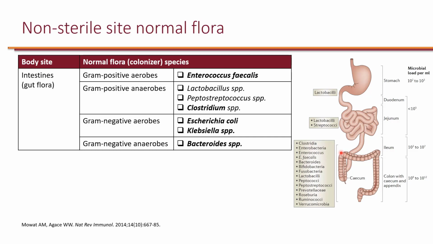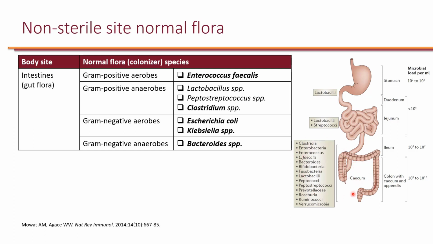Most commonly what we worry about is Clostridioides difficile infection. So because these organisms will compete with C. diff, it's healthy to have a healthy number of flora here. And this is also the reason why we are very careful when we choose antibiotics to treat other infections, because pretty much the majority of antibiotics will affect the normal flora.